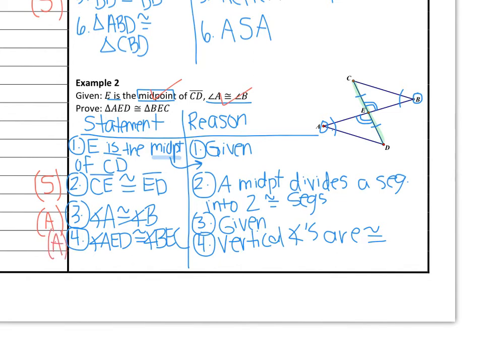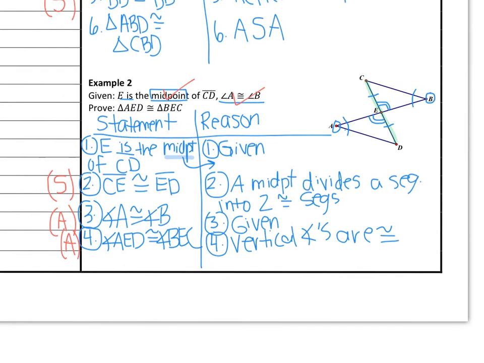Okay, and then we just have to determine in which order do we put the side and the angle. So when I look at my diagram, I've got an angle and a side. So do you see how I wouldn't go side all the way over here, angle, and then hit them up that way?